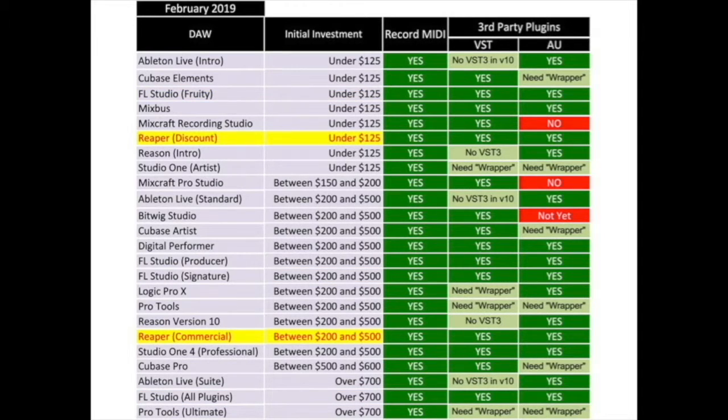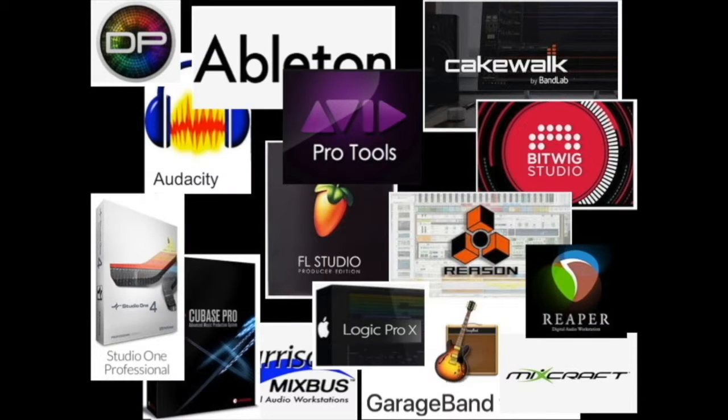Reaper markets one version of their product with 2 licensing options. If you're an individual user, you can get Reaper at a discounted licensing fee, and I've seen it priced for around $60. So, as you can see, there's a number of different approaches being used to market digital audio workstations.